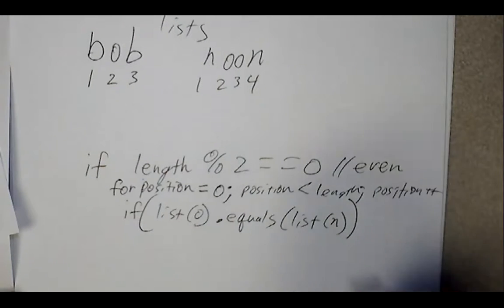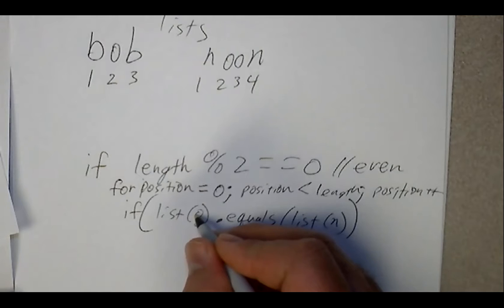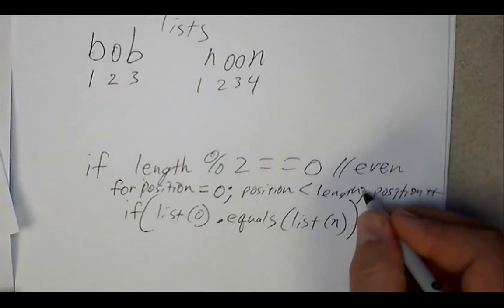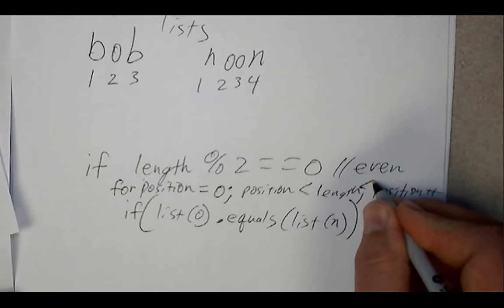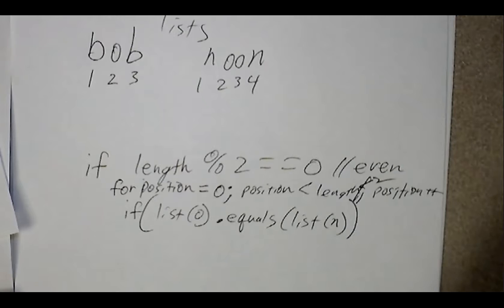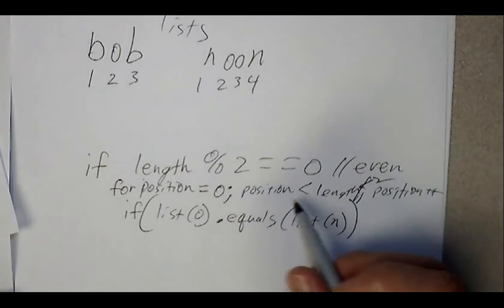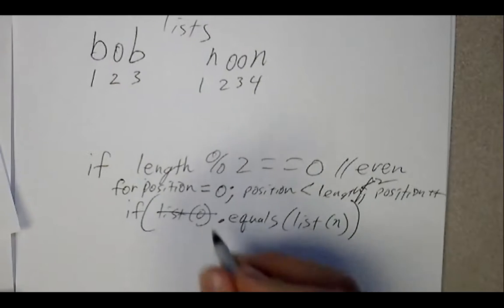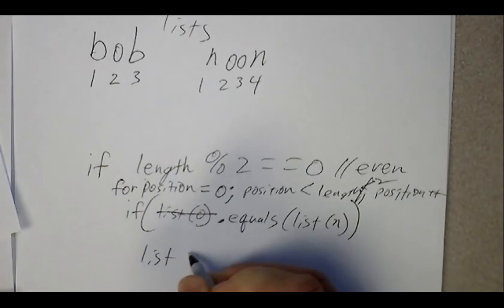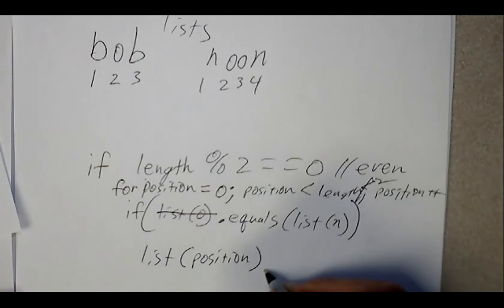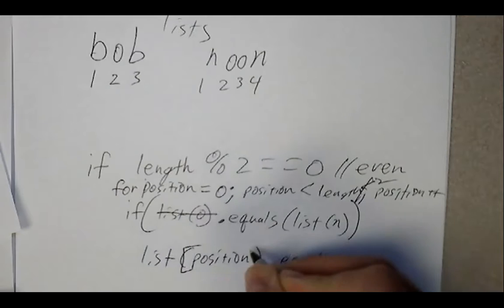And so we can say instead of this, we could just say, actually, let's make this length over 2, something like that. The idea is we're just going to check the first half of the numbers. And so what we'll do is instead of list, we'll say list of position dot equals, maybe it needs to be a square bracket.